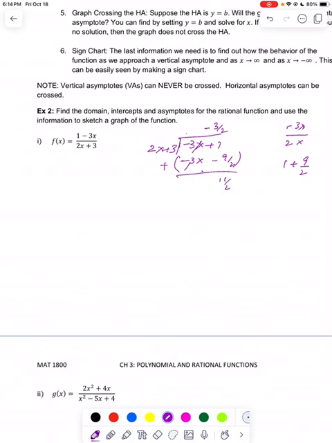So you can write this function as negative 3/2 plus 11/2 divided by 2x plus 3.